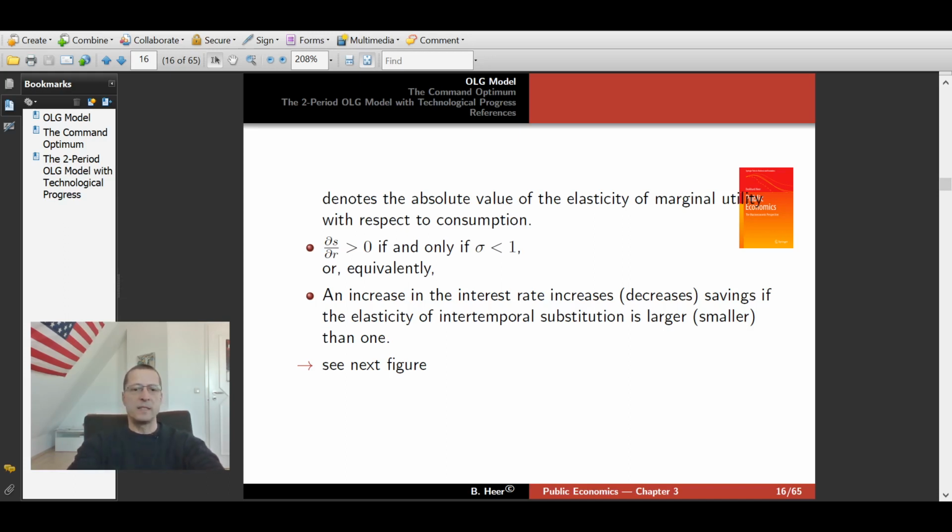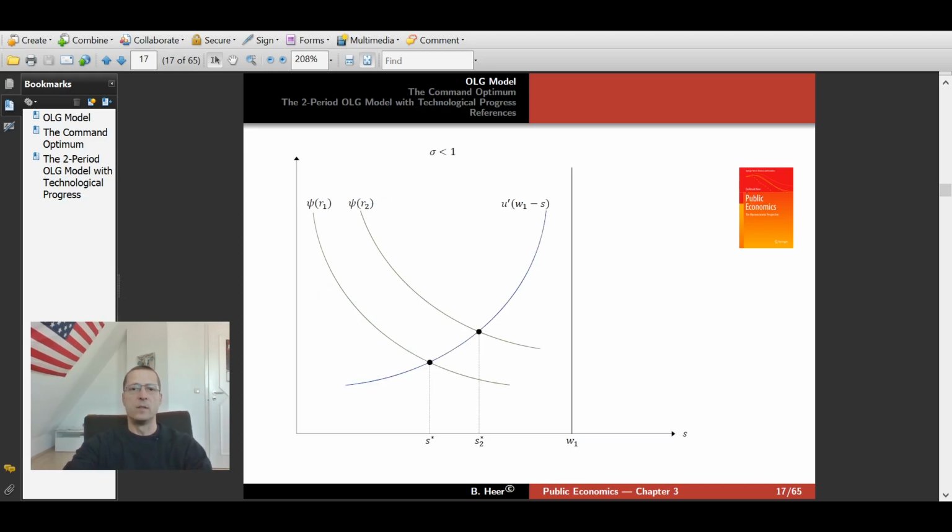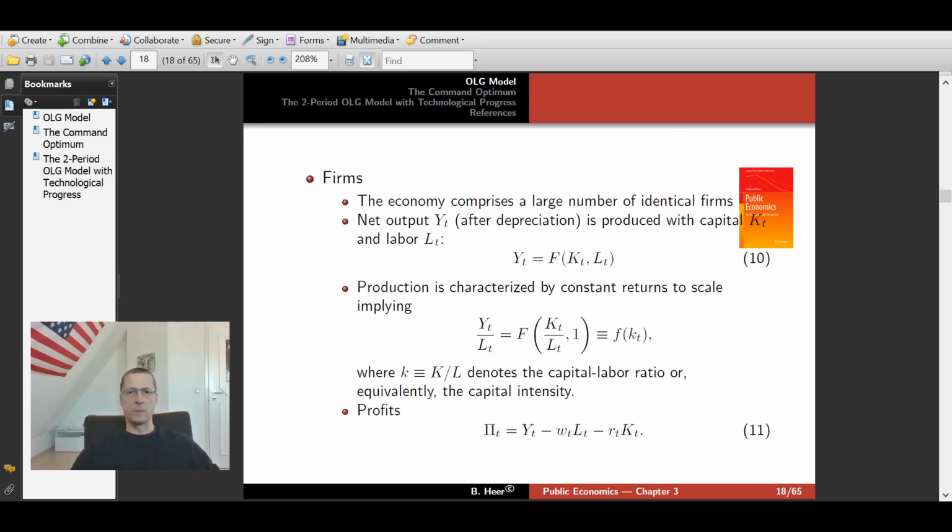So let's get into the production side of the economy. We assume that we have a representative firm, or equally that we have a large number of identical firms, and each is producing with constant returns to scale.